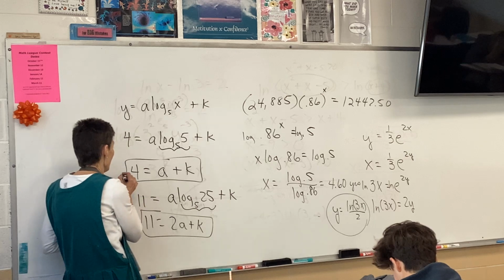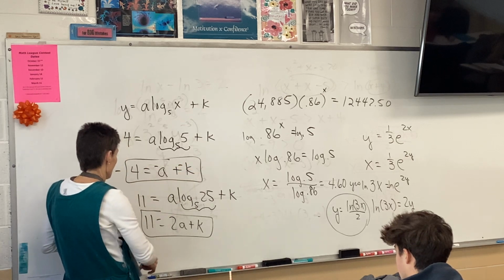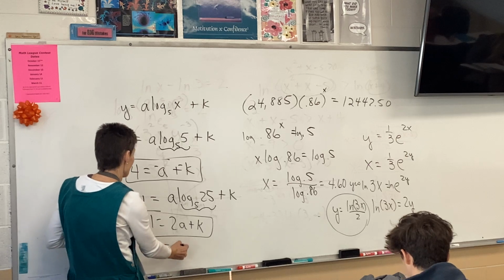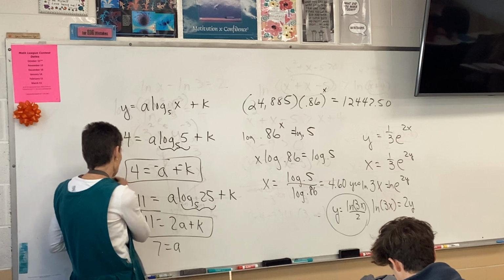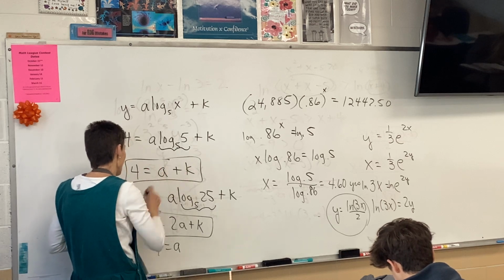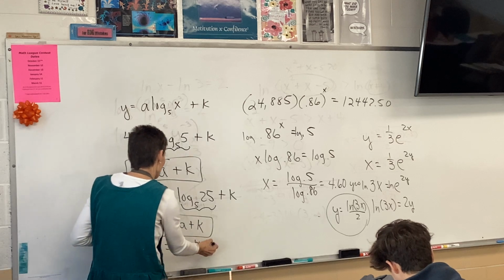Which you can solve any way you want. I got 7 equals A. I eliminated. And K equals -3.